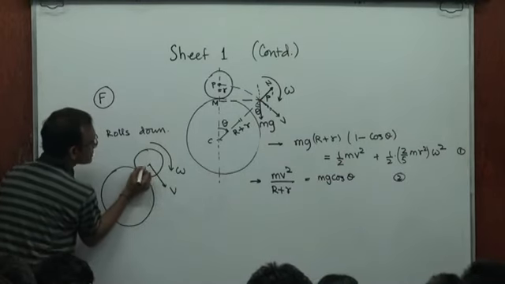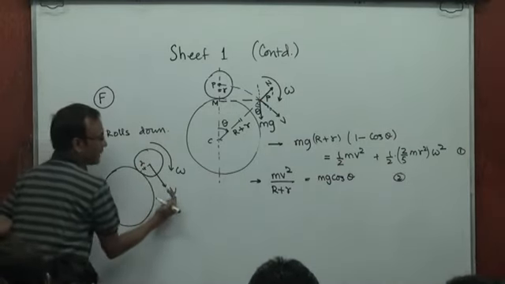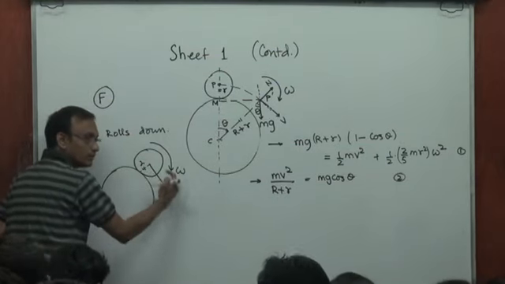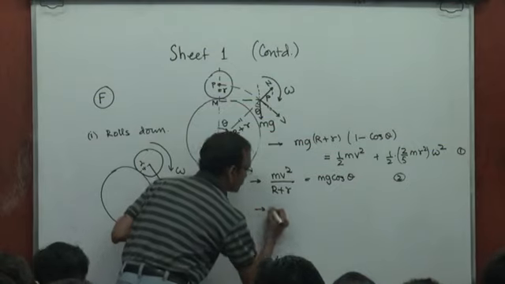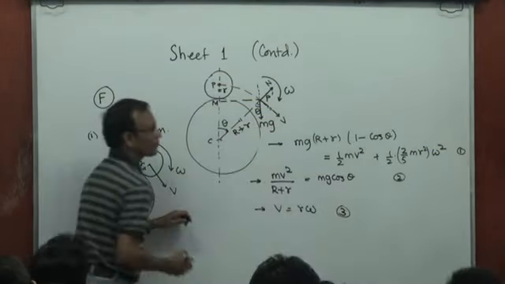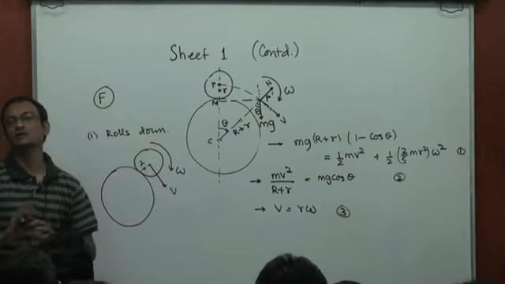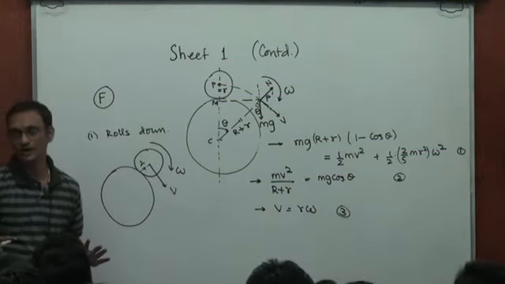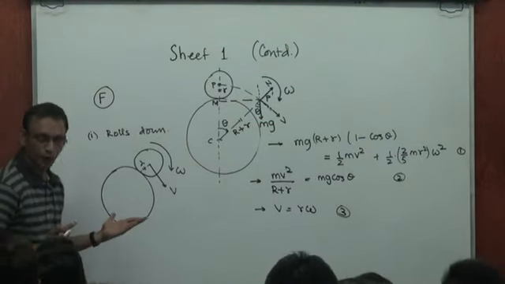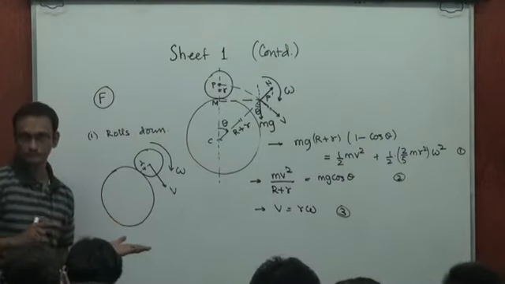The radius of this is small r. And therefore, for rolling requirements, v must be small r omega. This is the sum total of all the physics required by the problem. And all that you need to do is solve for omega.